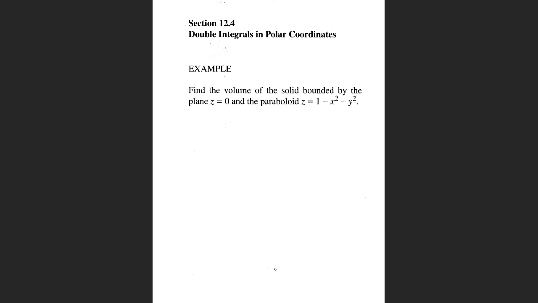Okay, so we want to find the volume of the solid bounded by the plane z equals 0 and the paraboloid z equals 1 minus x squared minus y squared. Is this paraboloid one that goes up, or one that goes down?